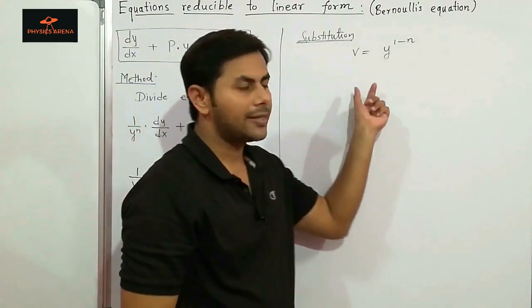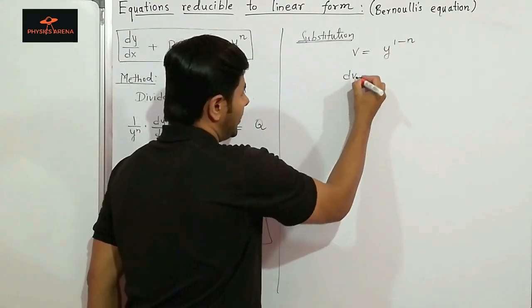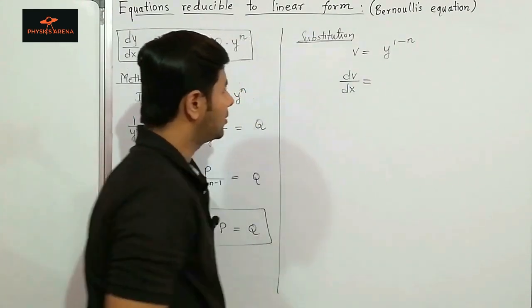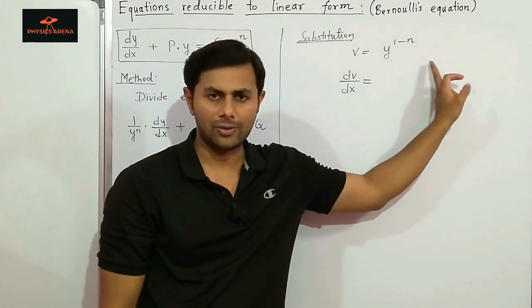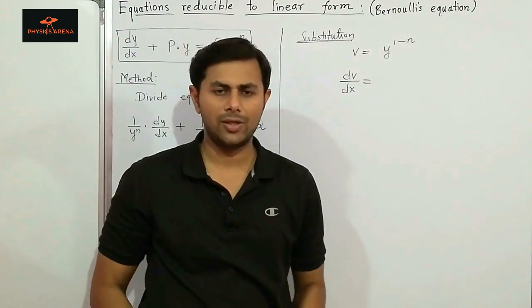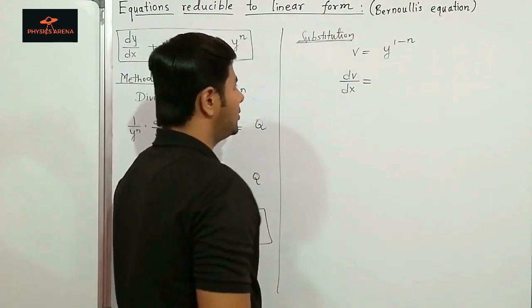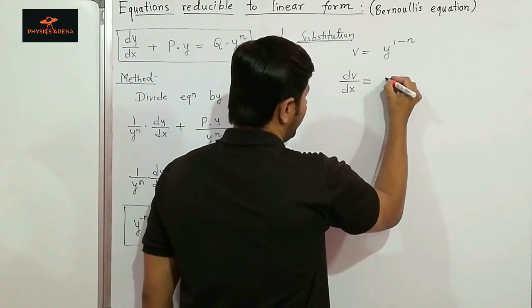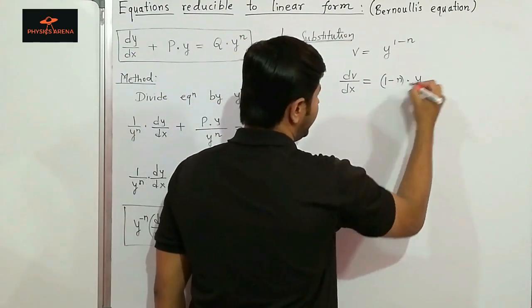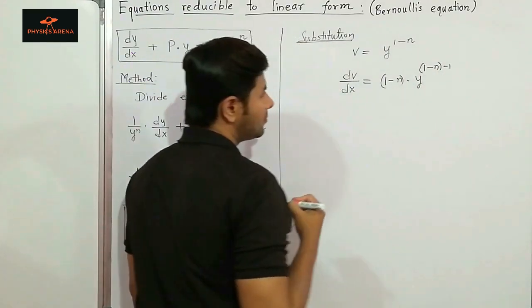So if we take derivative of this with respect to x, see what do we get? dv by dx equals to, now this right hand side is function of y. So we need to use chain rule of derivatives in order to find the derivative of this right hand side. So let us use chain rule. So we have 1 minus n multiplied by y raised to 1 minus n minus 1.